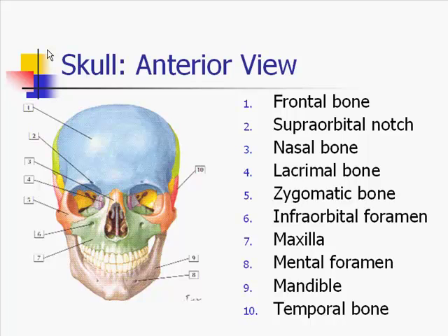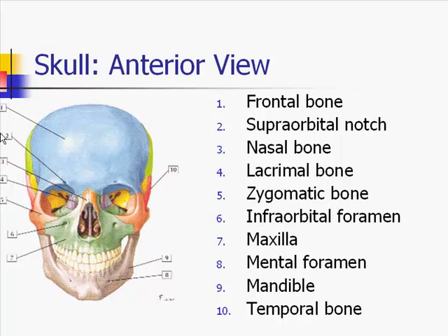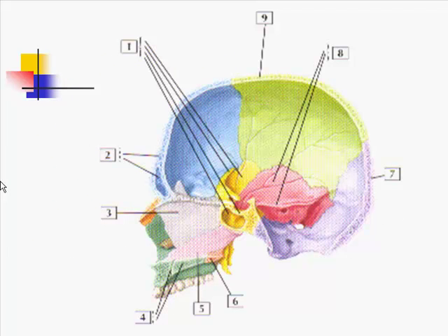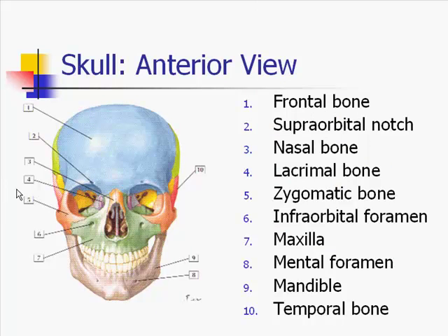Remember that is supra, above the orbit, versus number 6, which is below, so it's infraorbital. Okay, hope you did well on this. You can kind of see the processes of the zygomatic bone right here. Great.